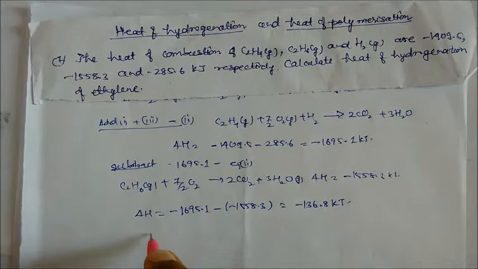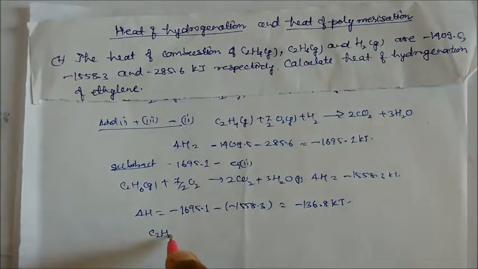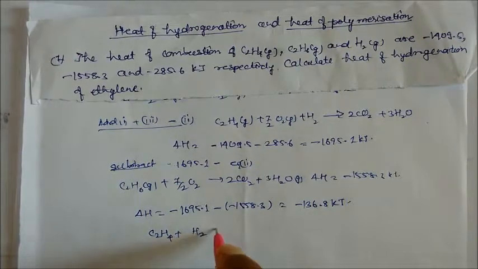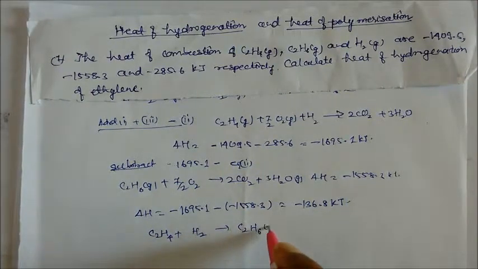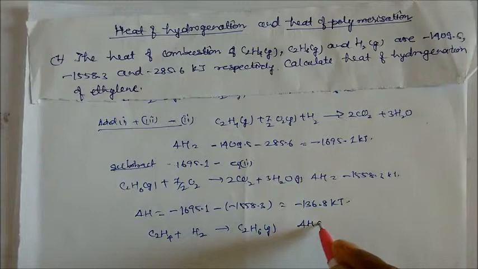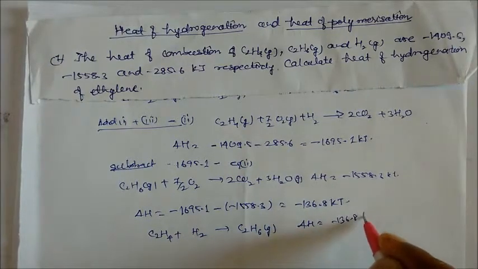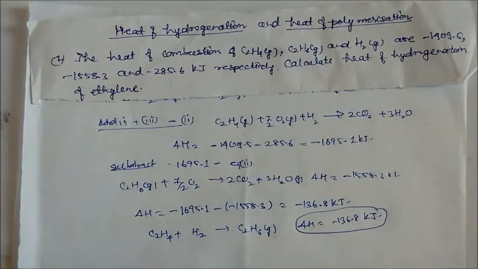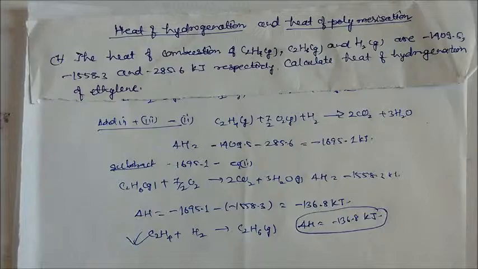Which is nothing but C2H4 plus H2 giving C2H6 gas, and delta H will be minus 136.8 kilojoule per mole. So this is our heat of hydrogenation of ethylene gas. So this is our answer.